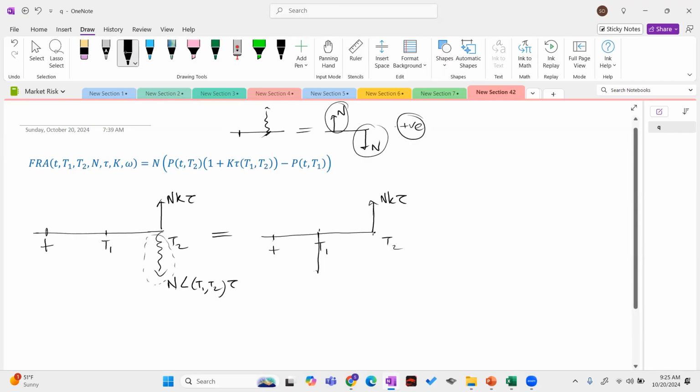If it is an inflow, it needs to be this. If it's an outflow, in net PV terms, it needs to be negative. So you'll lose N earlier and get N later. Did that make sense? A floating rate outflow needs to look like this, plus and minus.